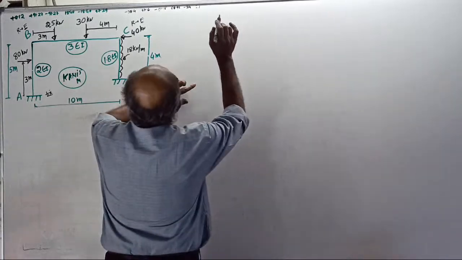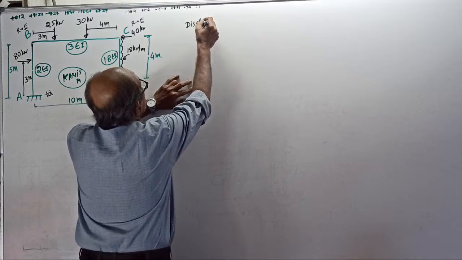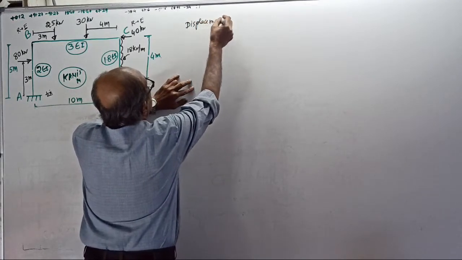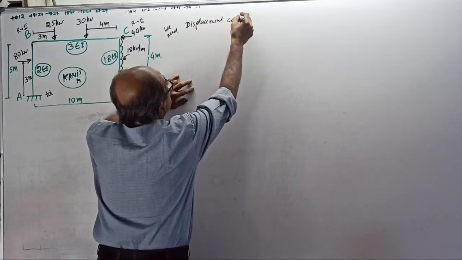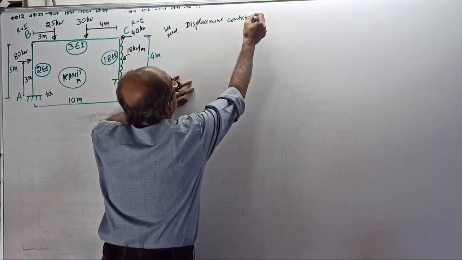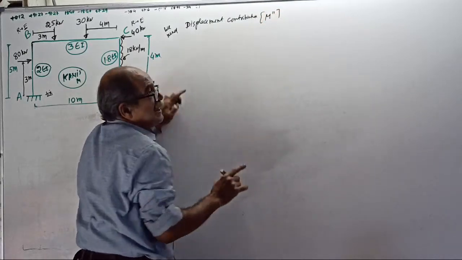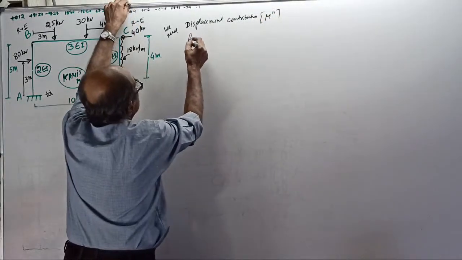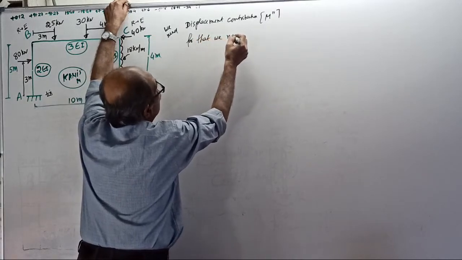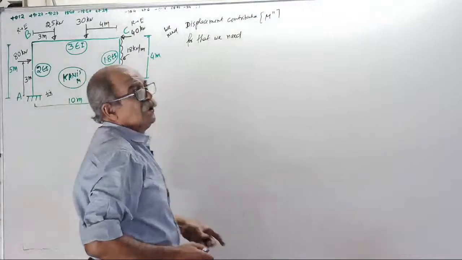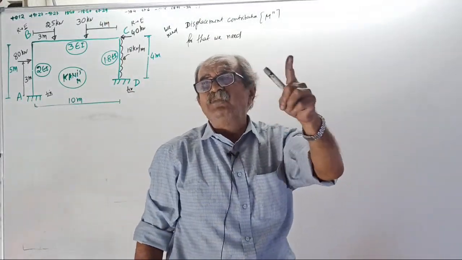Remember, we need displacement contribution. We need, make a note of this all. We need displacement contribution. Symbol is M double dash. Remember, for that, we need... Now one minute. Anybody can tell the answer? Rotation contribution.